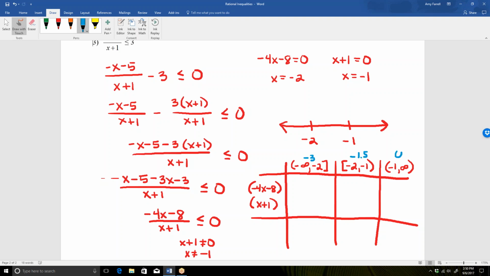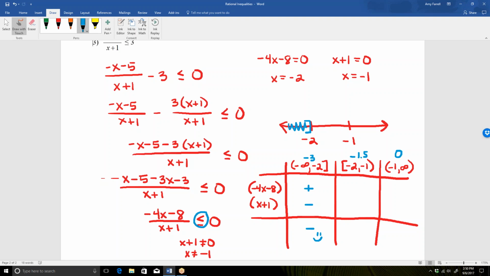And then a number bigger than negative 1, how about 0? When I plug negative 3 into the first binomial, I get a positive result. When I plug negative 3 into the bottom binomial, I get a negative result. And a positive divided by a negative is negative. Now, since my inequality symbol is a less than or equal to 0, this means that this interval is part of our solution set. So all numbers in this interval will satisfy the inequality.